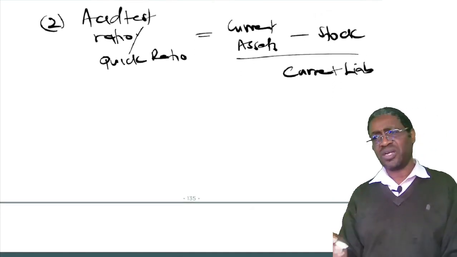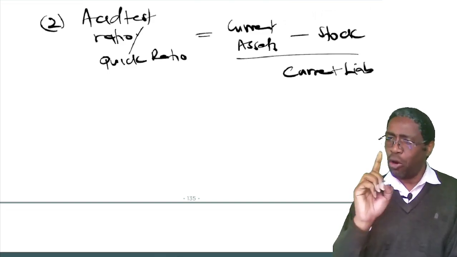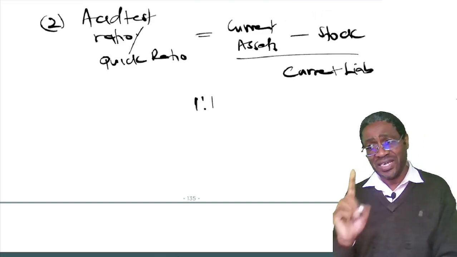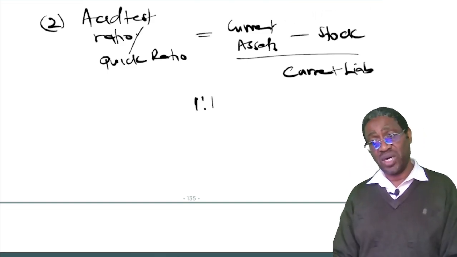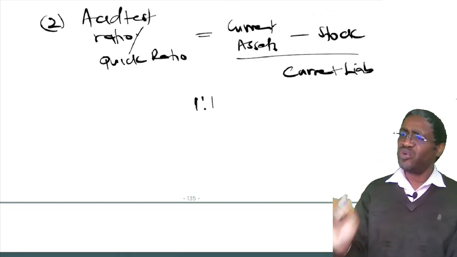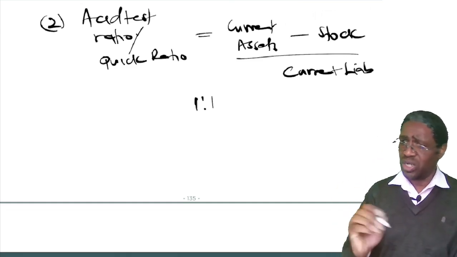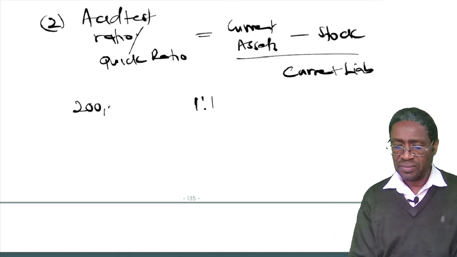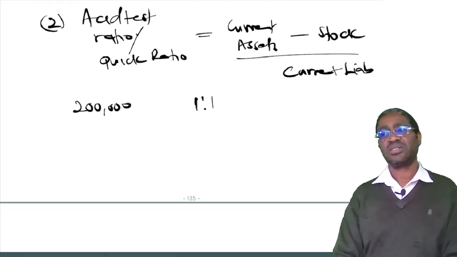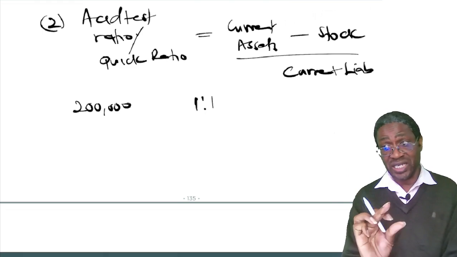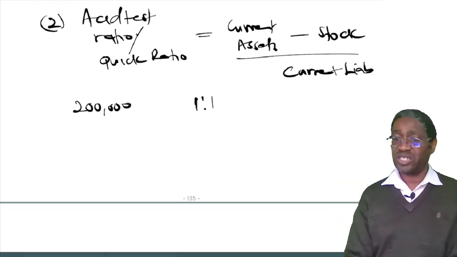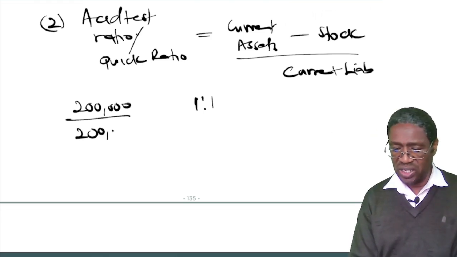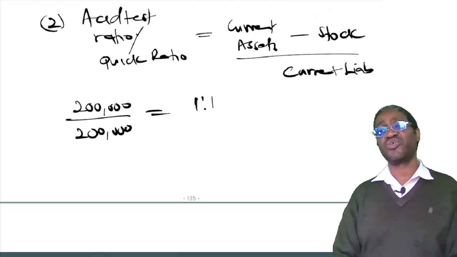Now, the standard, recommended ratio should be 1:1. In other words, if you take your current assets, you minus stocks, and you remain with 200 as your numerator, and you divide that by current liabilities, which is maybe another 200, that will give you a ratio of 1:1.